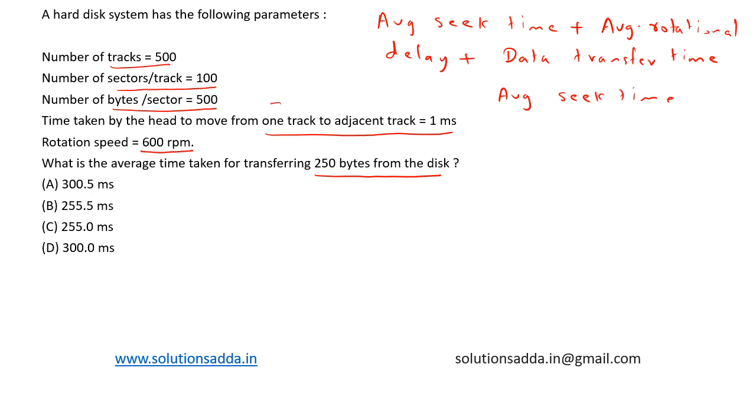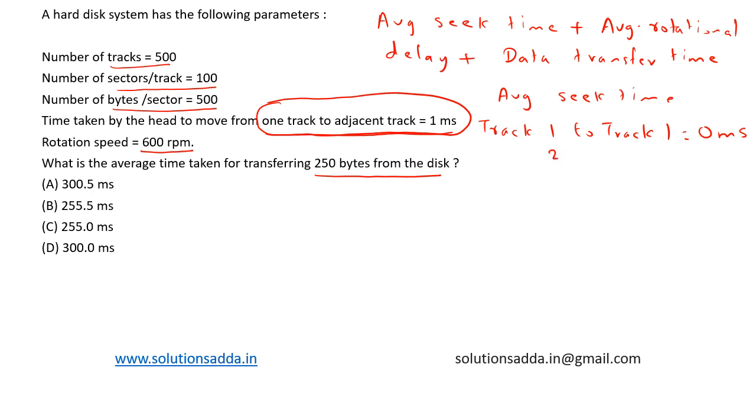It is given that to move from one track to the next one it takes 1 millisecond. So let's write it once again. The time taken to move from track 1 to track 1 is equal to 0 milliseconds.